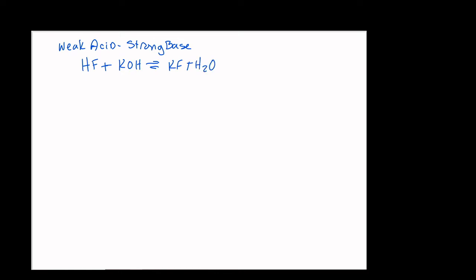Okay, so we're going to be starting with 150 milliliters of 0.10 molar HF, and we're going to titrate that with 0.050 molar KOH. So remember, this means that we have 150 milliliters of HF in our Erlenmeyer flask, right?